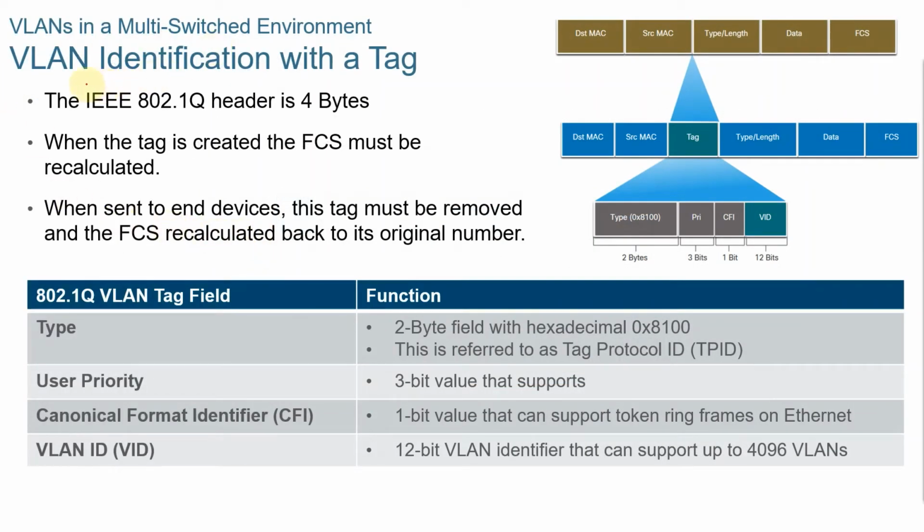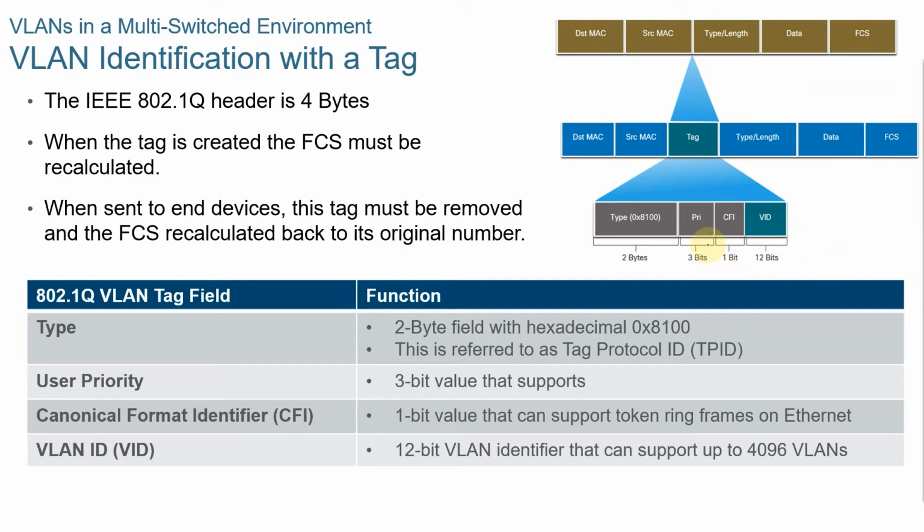Next would be the VLAN identification with a tag. The standard Ethernet frame header does not contain information about the VLAN to which the frame belongs. Therefore, when Ethernet frames are placed on a trunk, information about the VLANs to which they belong must be added. This process is called tagging. It is accomplished by using the IEEE 802.1Q header specified in the IEEE 802.1Q standard.